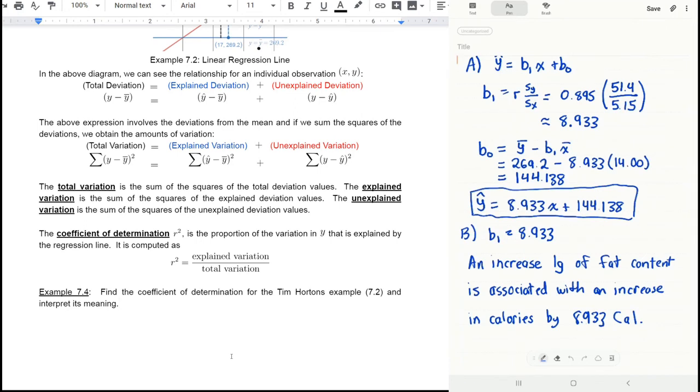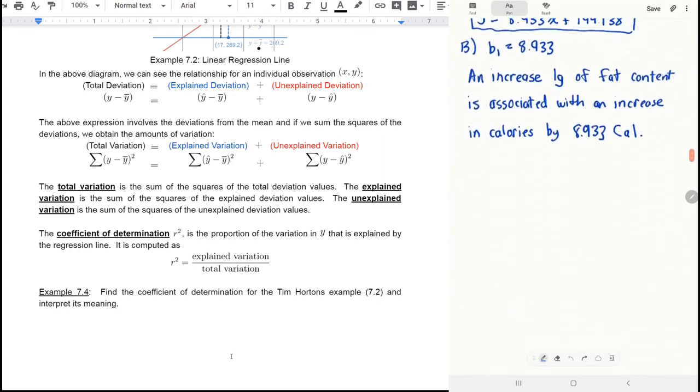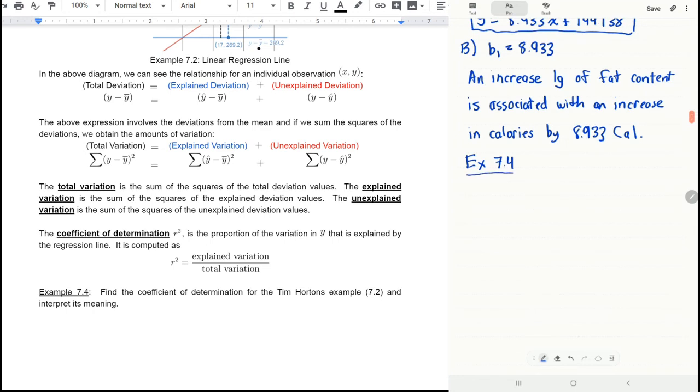Okay, so let's have a look at calculating the coefficient of determination. If you recall from our Tim Hortons example, the correlation coefficient was 0.895.